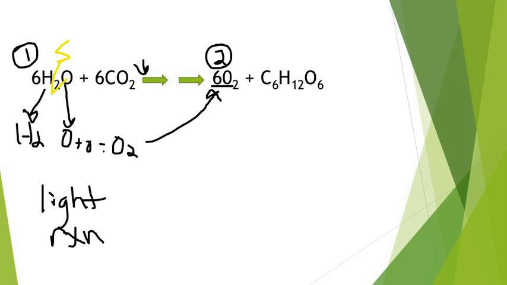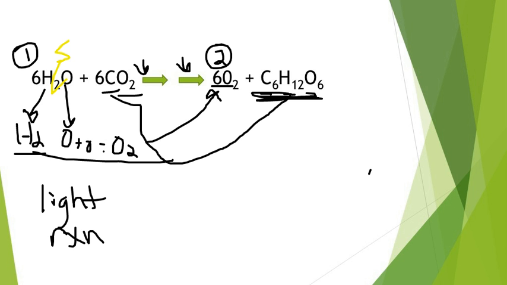So the second part occurs right here, this second arrow. So what do we need to do? We need to find out how we're going to use carbon, hydrogen, and oxygen to make our sugar. That's where the second arrow comes in. So if I look over here in the reactants, I can find some carbon, hydrogen, and oxygen. We're going to use those in that second part to make our glucose.